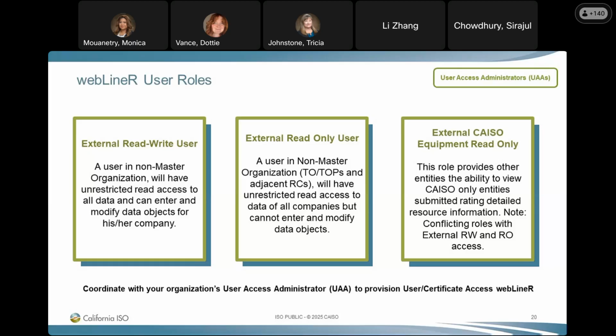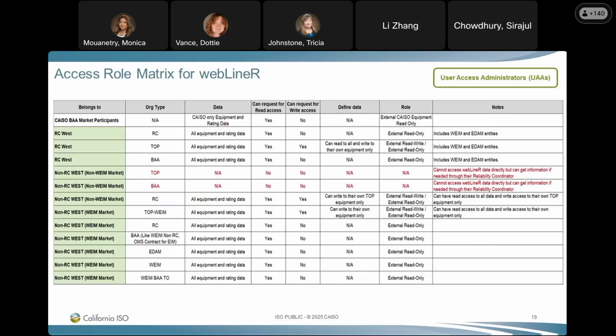Earlier I showed the matrix. This last external CAISO equipment read-only role is specific to the CAISO BA market participants. In the application you're only going to be able to see two of the tabs, which we'll cover later on.